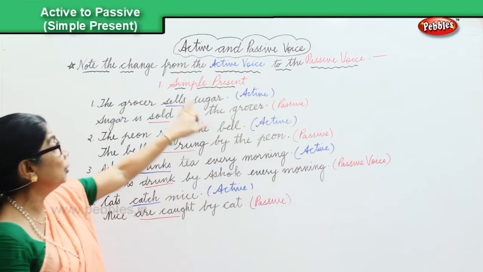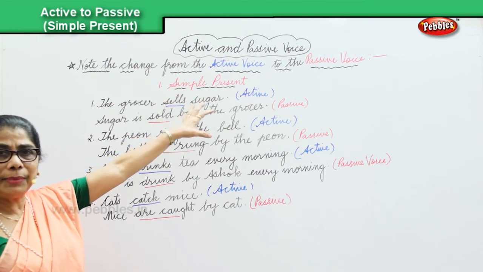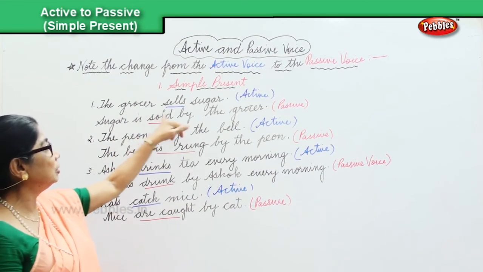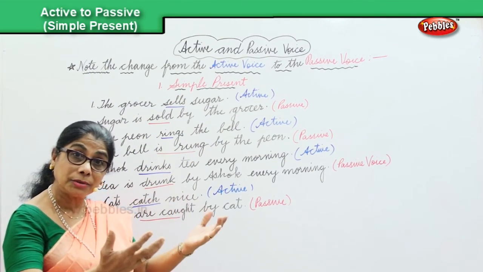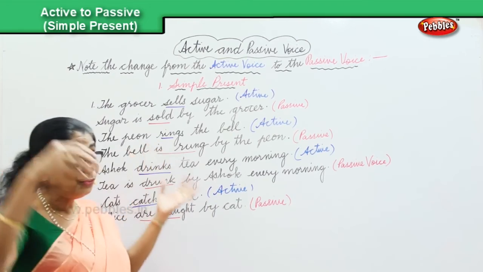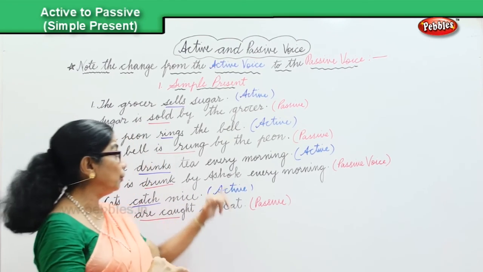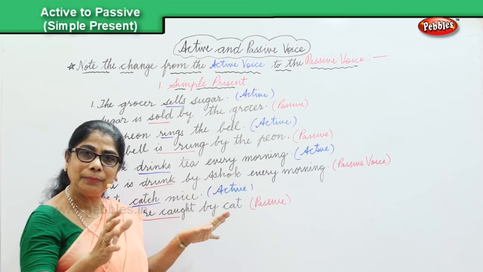Now I am sure you know in the simple present how to change from the active to the passive. Okay? The grocer sells sugar. Sugar is sold by the grocer. The peon rings the bell. The bell is rung by the peon. Ashok drinks tea every morning. Simple.